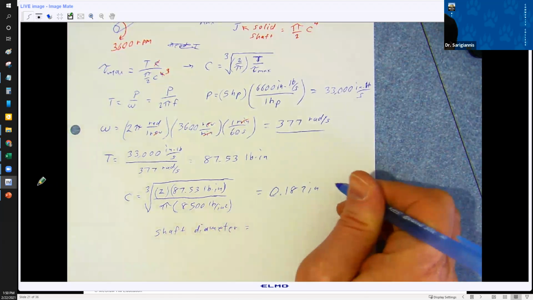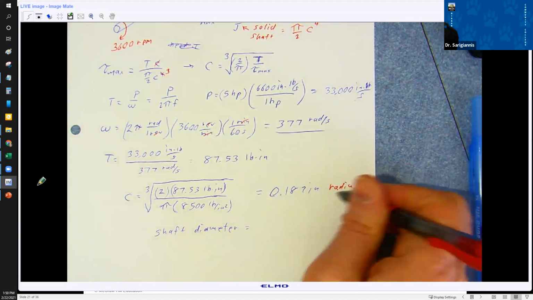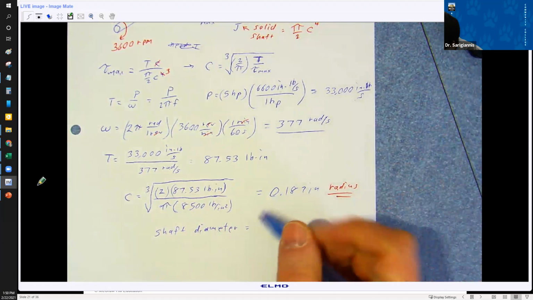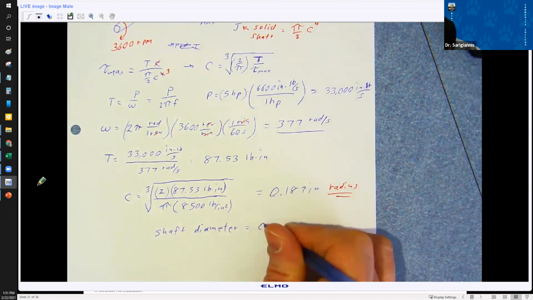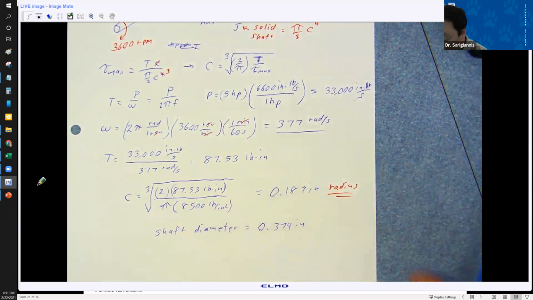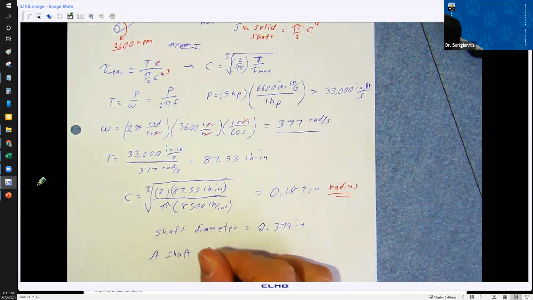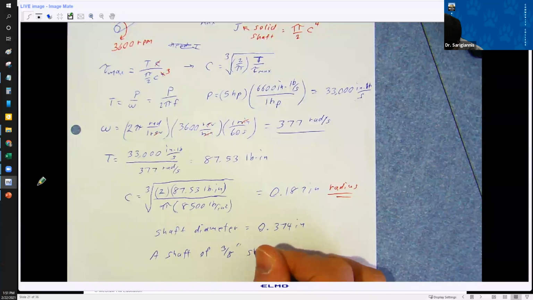Now, the shaft diameter equals, remember, this is a radius. Radius, don't forget that. If I multiply this by 2, I get 0.374 inches. So a shaft of 3/8 inch should be used.